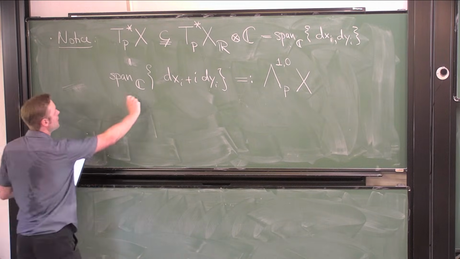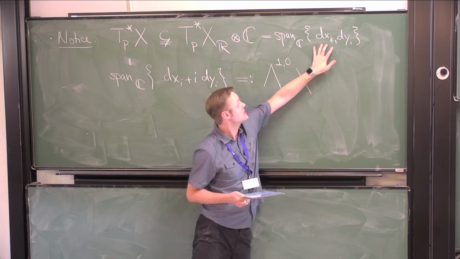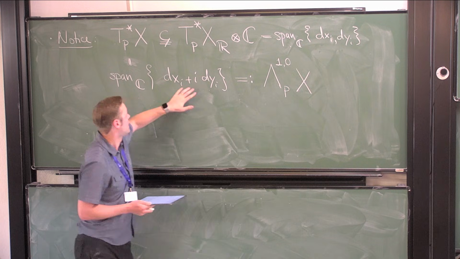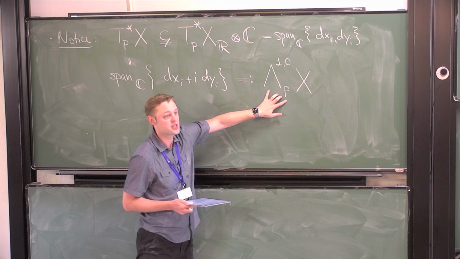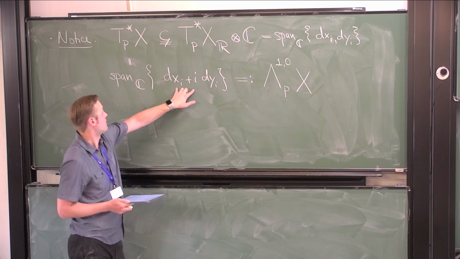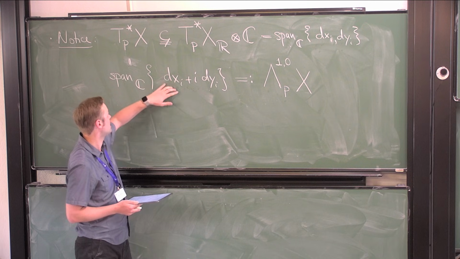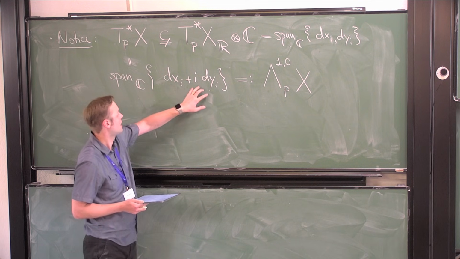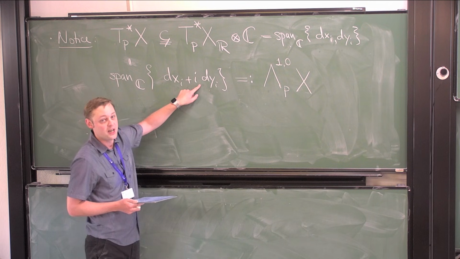Similarly, I have this 2n-dimensional complex space of dx_i's and dy_i's, and I'm looking at a half-dimensional subspace, where I'm considering these very specific combinations where I take dx_i and add dy_i to it with the coefficient i.